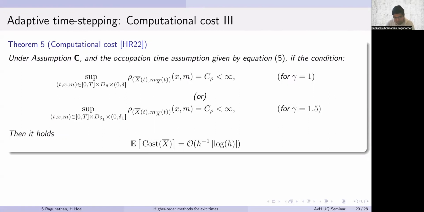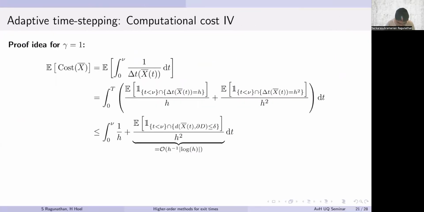So what this basically means is you can end up using higher and higher order algorithms with more critical regions, and choose the critical regions in such a way that the total computational cost is still going to remain the same order as given here, but you end up getting a better strong order convergence. Which is a win in the sense that you improve the strong rate without increasing the cost that's associated with it.